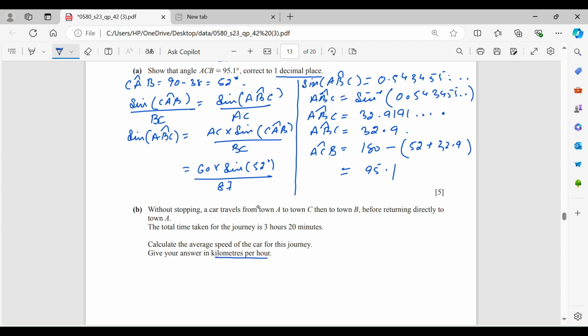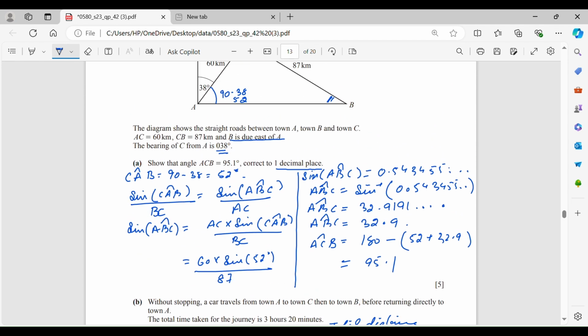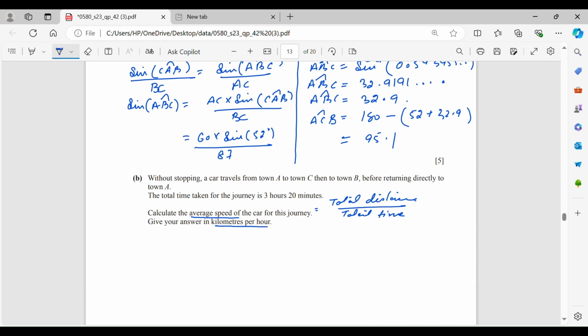Give your answer in kilometers per hour. So for average speed, we need to find the total distance. So average speed is equal to total distance over total time. For total distance we need to find AB. So I will make a small figure here.